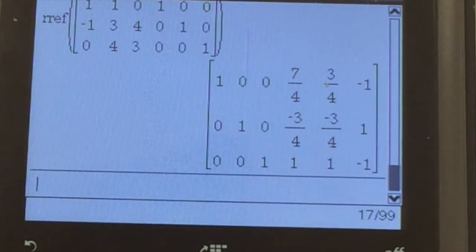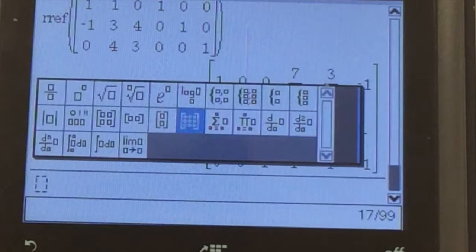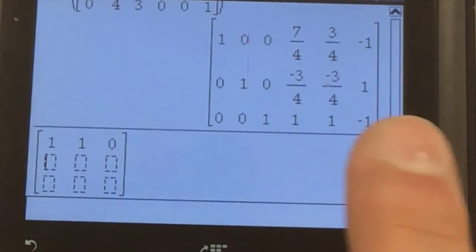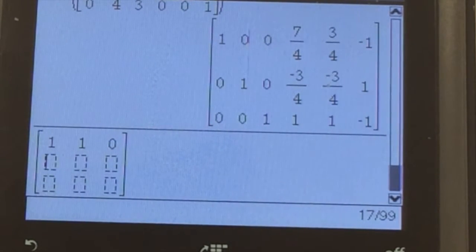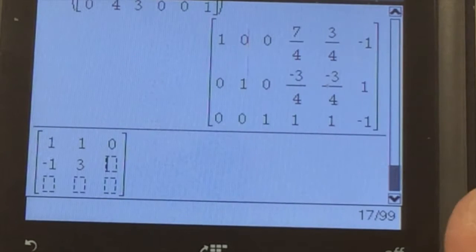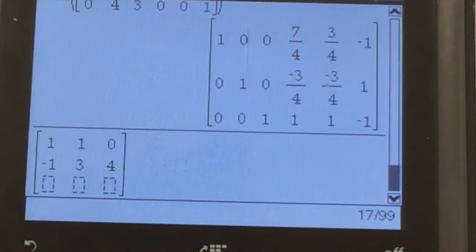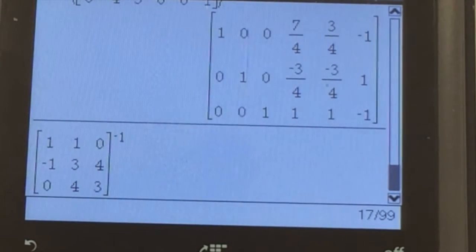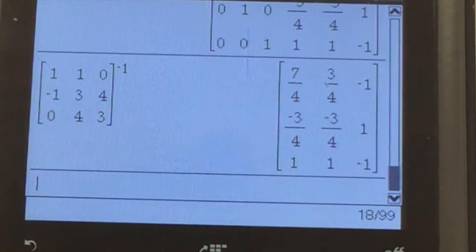If I typed in our matrix that we started with, and it was a 3 by 3, and we go 1, 1, 0, negative 1, 3, 4, and 0, 4, 3, and I put that to the negative first power, I get the exact same thing.